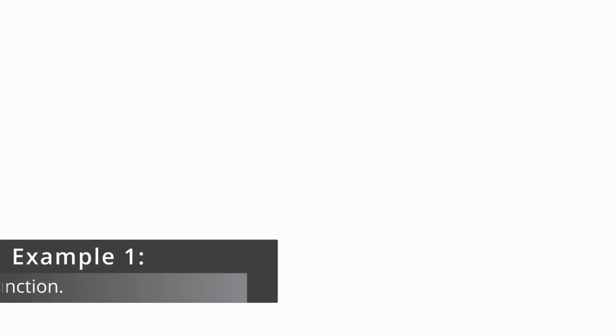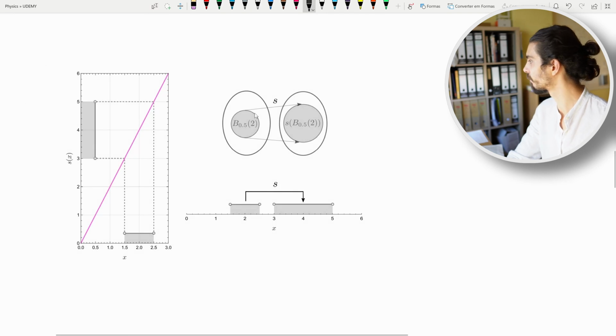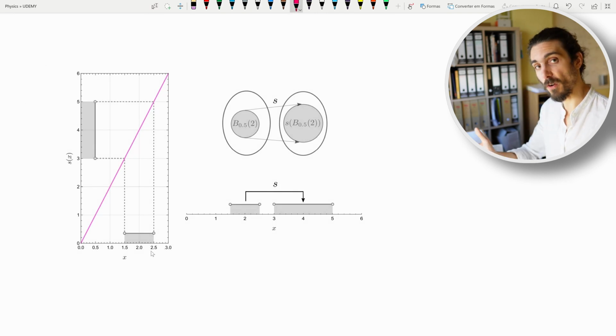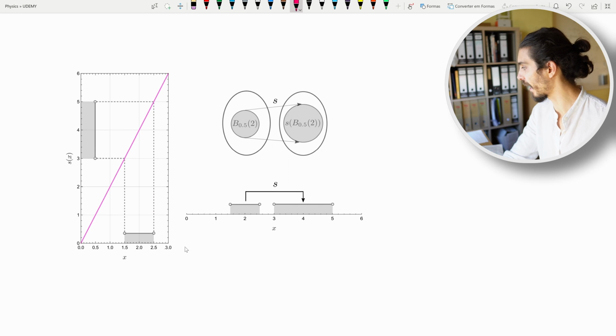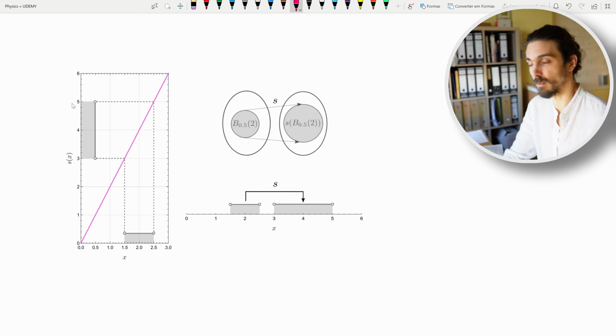Let's start with just the s function. We see here the s function in pink. We find here on the horizontal axis x, the input of our function, and on the vertical axis, the corresponding images. Note that our function s is a line. It is then a bijective function, with domain R and codomain R as well.